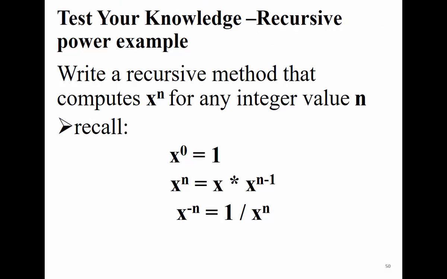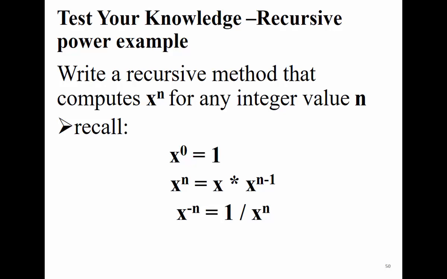Now, what if I modify the problem a little bit? I say I have no limit for y, or in this case n. N can be 0, n can be positive, n can be negative.